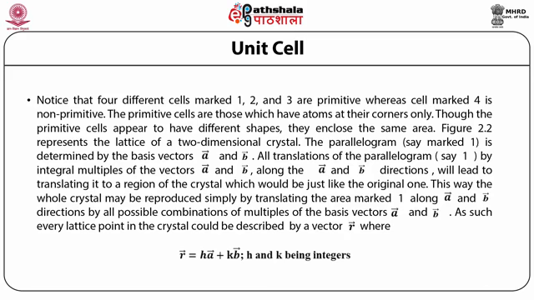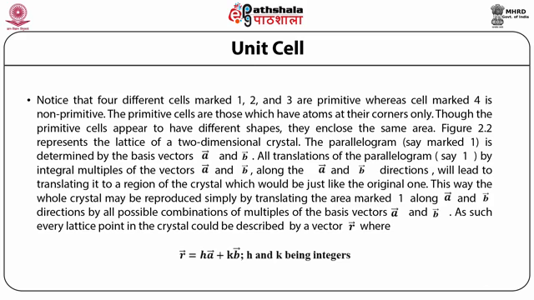Figure 2.2 represents the lattice of a two-dimensional crystal. The parallelogram, say marked 1, is determined by the basic vectors A vector and B vector. All translations of the parallelogram 1 by integral multiples of the vectors A vector and B vector along the A vector and B vector directions will lead to translating it to a region of the crystal which would be just like the original one.